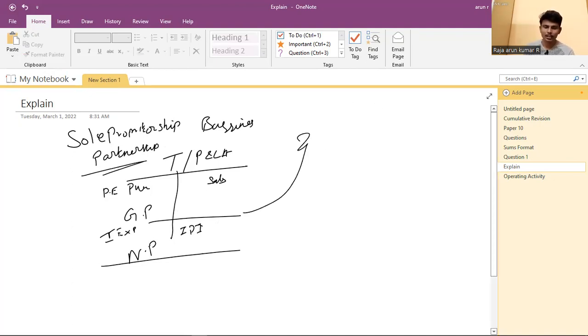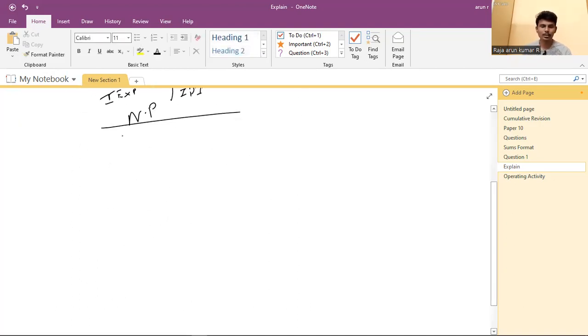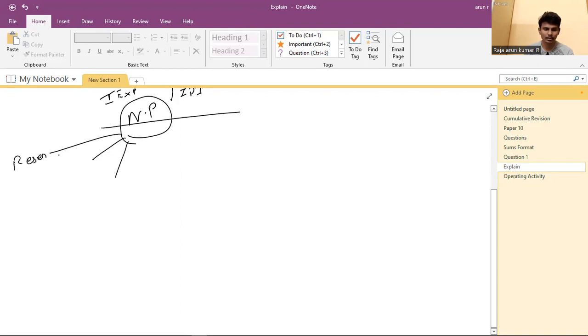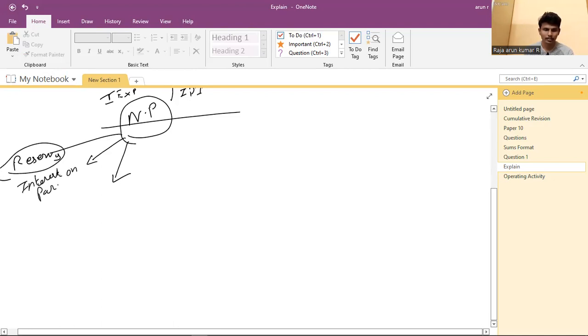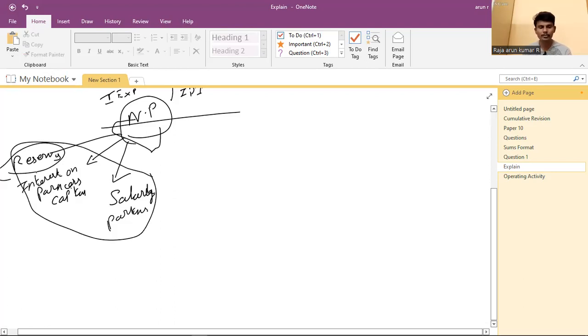I add some points also. In the sole proprietorship and partnership, the net profit is divided into some other parts. From the net profit, they allocate reserves, give partners interest on partners' capital, and also give salary to the partners. All come under the net profit only.